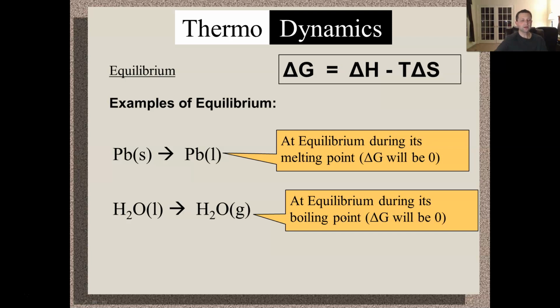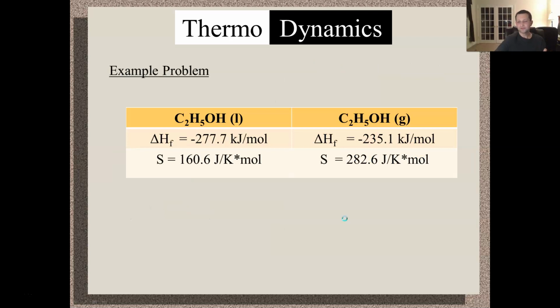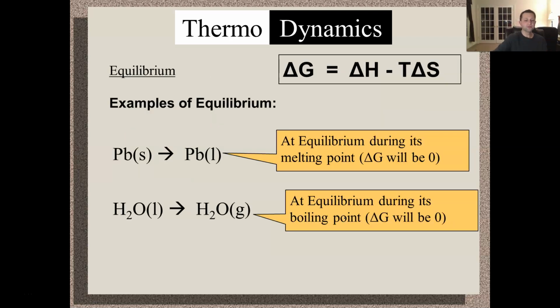So make sure you make a note of that on your note sheet about delta G being equal to 0 at equilibrium. So when you use this equation here, if you're at equilibrium, like for this lead example, solid to liquid, delta G is set equal to 0 because it's at equilibrium. You could figure out your delta H and delta S by looking them up.